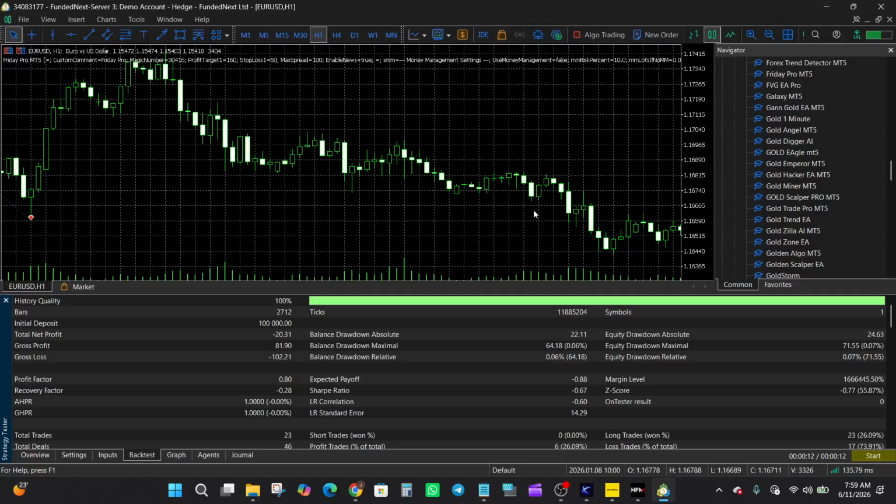And as always, any historical testing performance should be viewed strictly as historical analysis rather than an indication of future results. All right, actual performance can vary depending on broker execution, spreads, slippage, account settings, risk configuration, market conditions, and user optimization.